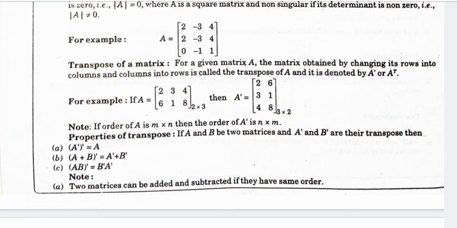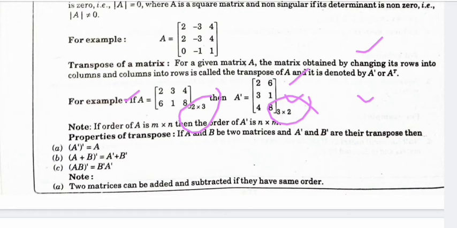Now come to what is the transpose of a matrix. If a matrix is obtained by changing its rows into columns and columns into rows, it is called the transpose of A, and it is denoted by A dash or A to the power of T. Here A is represented like this, 2 3 4 and 6 1 8, that is a 2:3 matrix, and after transposing A we got 2 6 3 1 4 8, a 3:2 matrix.